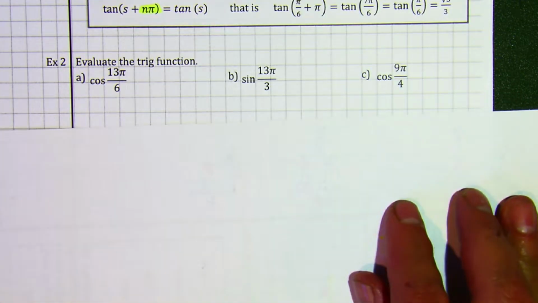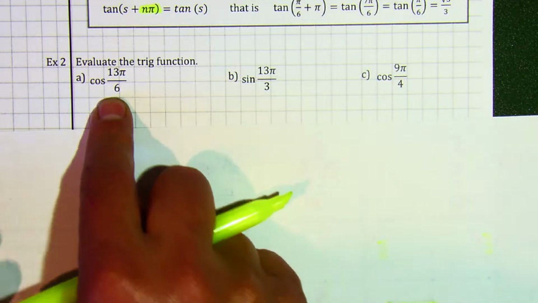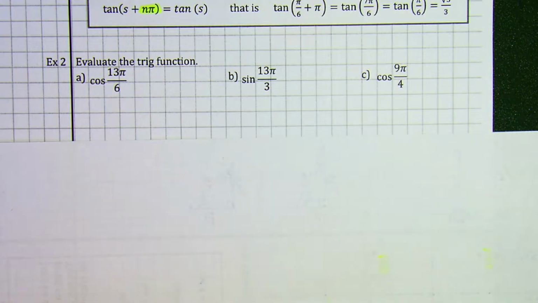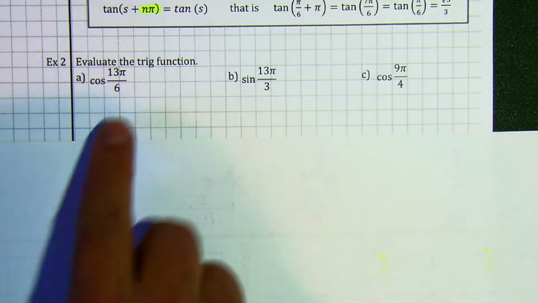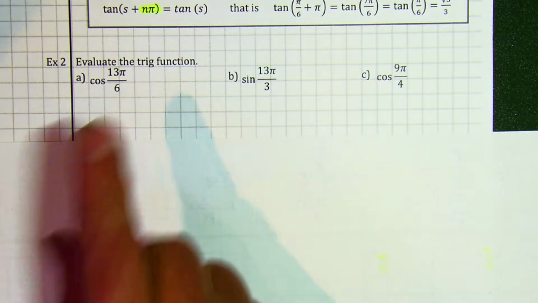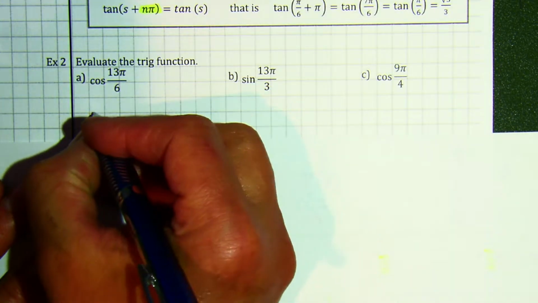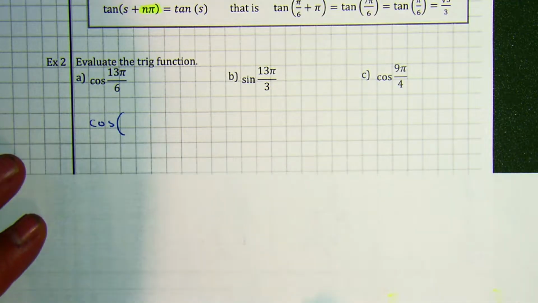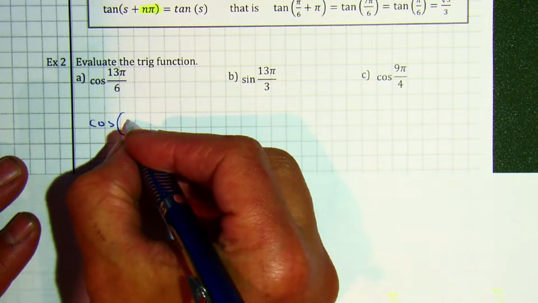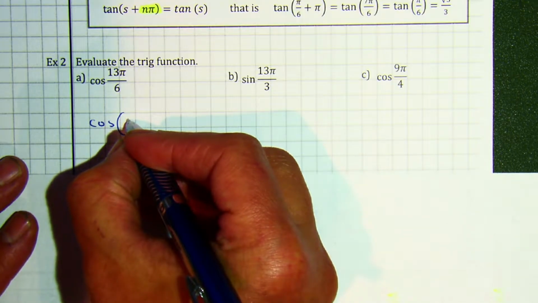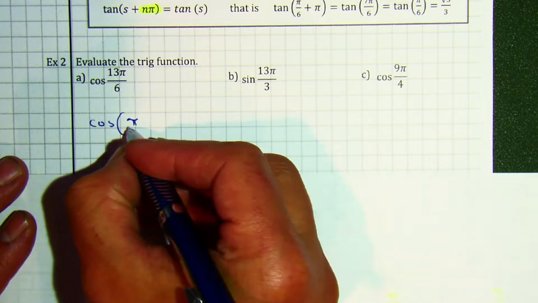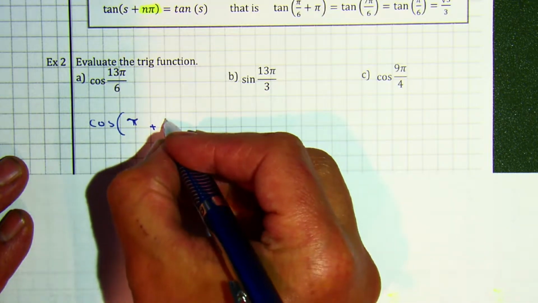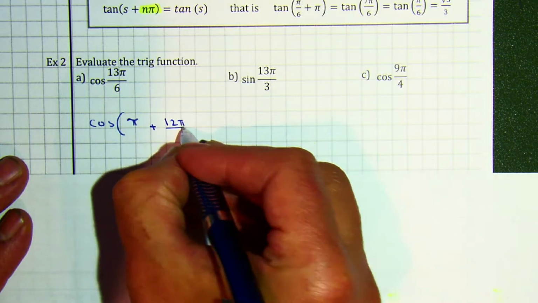Evaluate the following trig function. Now we know that this is bigger than 2 pi, correct? 13 pi over 6. We know that 12 pi over 6 is 2 pi. So therefore, I can rewrite it as the cosine of pi over 6 plus 12 pi over 6, which is 2 pi.